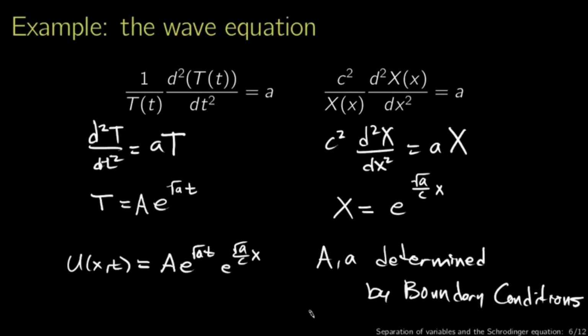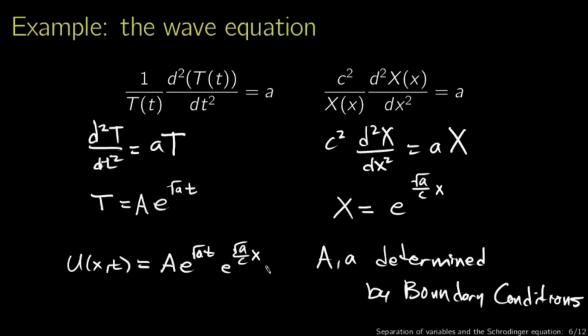The consideration of boundary conditions and initial conditions in partial differential equations is subtle, and I don't have a lot of time to fully explain it here. But if what you're concerned with is why this doesn't look like a wave equation, what actually happens when you plug in your initial conditions and your boundary conditions to find your normalization constants and your actual value for the separation constant, you'll find that a is complex.